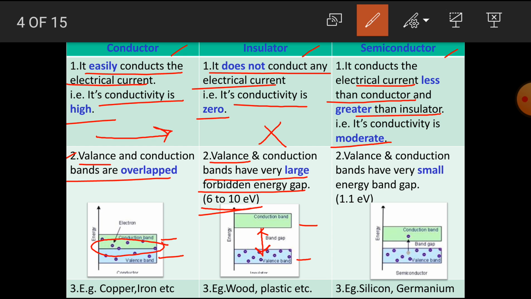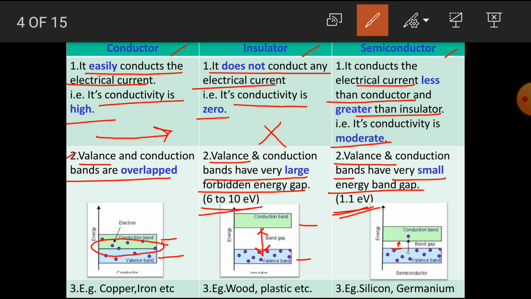While in a semiconductor the valence and conduction bands have a very small energy band gap, near about 1.1 electron volt.